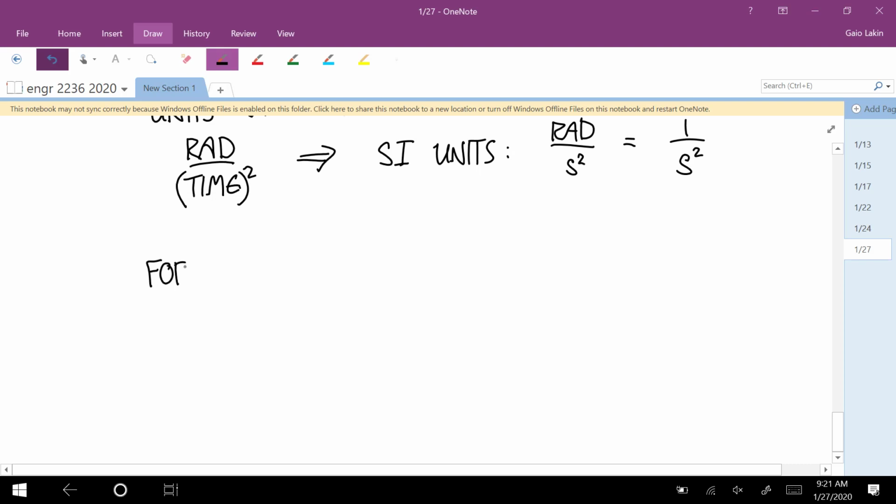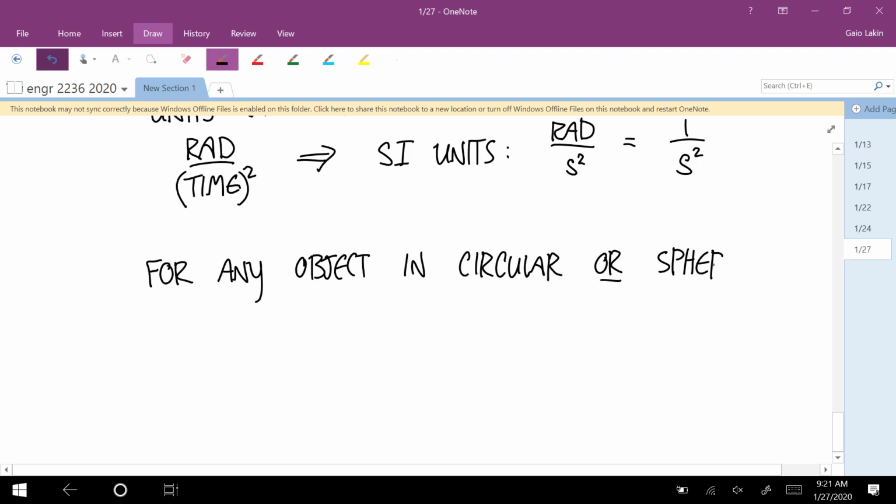So for any object in circular or spherical motion, the velocity of the object is the angular velocity crossed with this vector r, and I'll talk about what this vector r is in a second.